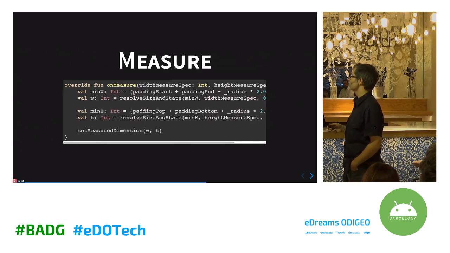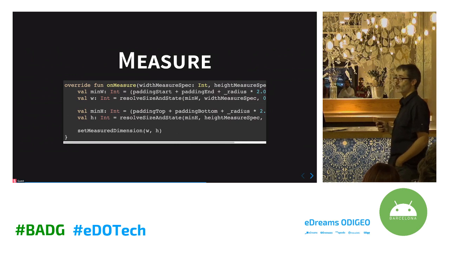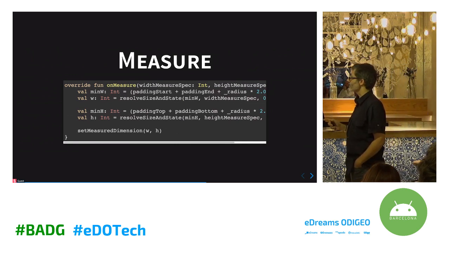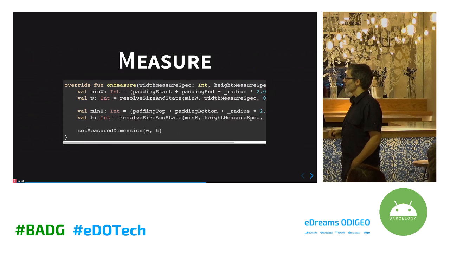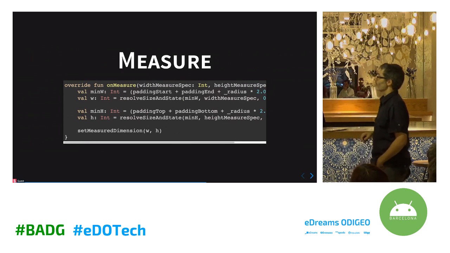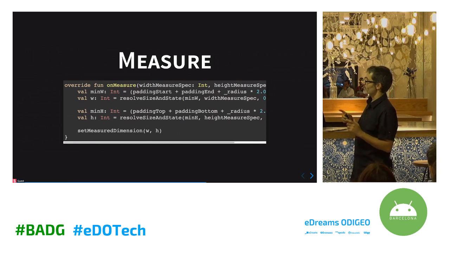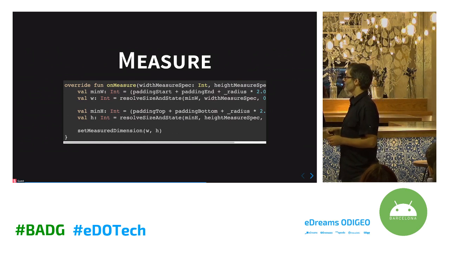So basically, what we do in onMeasure is we calculate the dimension we want to have for every axis, and then we use resolveSizeAndState, which is a method in the View class. It takes the size we want to have, the measure spec, and an extra parameter that for views is basically not used, so we can set it to 0, and it reconciles all this.